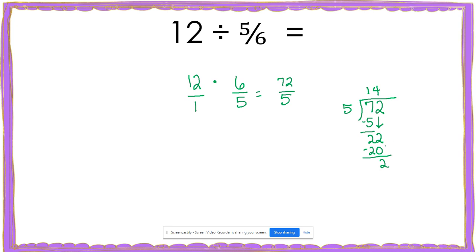Now I don't have anything left to bring down, so I still have this remainder of 2. That means I'm going to have a whole number of 14, and then a numerator of 2 over a denominator of 5. So 14 and 2/5 is going to be my solution.